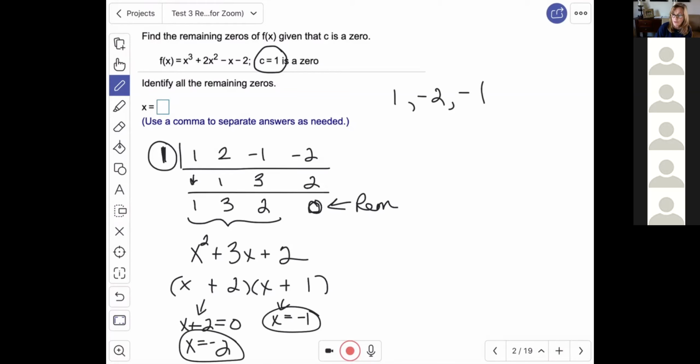If you listed all 3 of them, they're not going to count it off completely, and I would give you credit. But all they're asking for is the remaining. If you can remember that, it'll help because you won't get counted off in the beginning. So I think that's what we use synthetic division for, to find the other zeros.